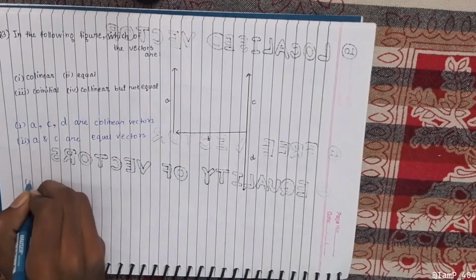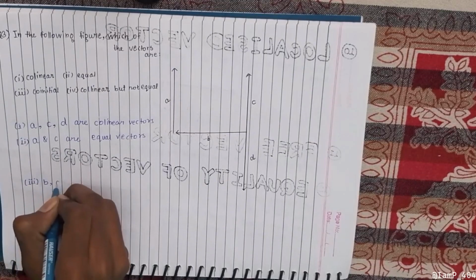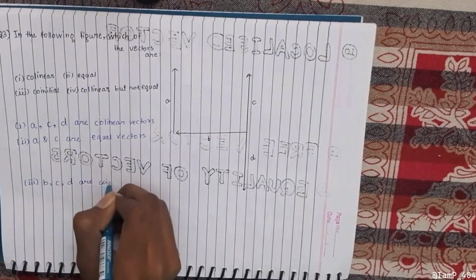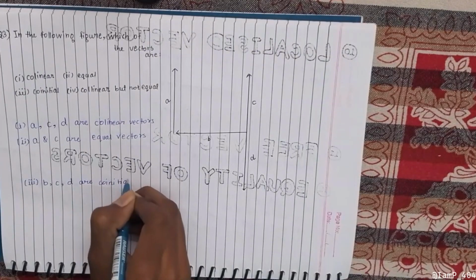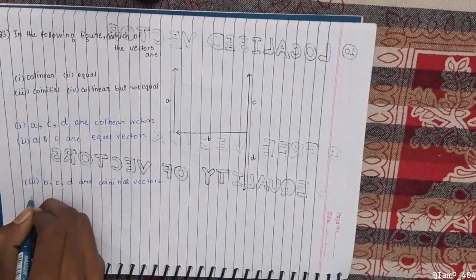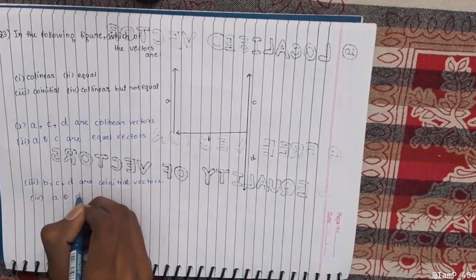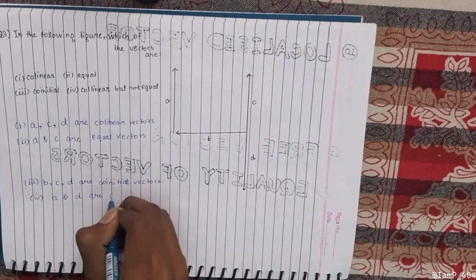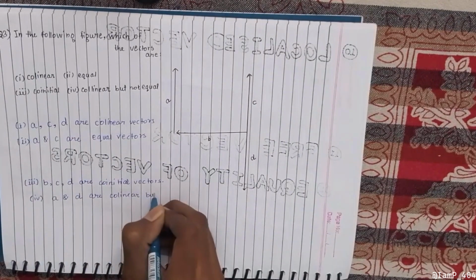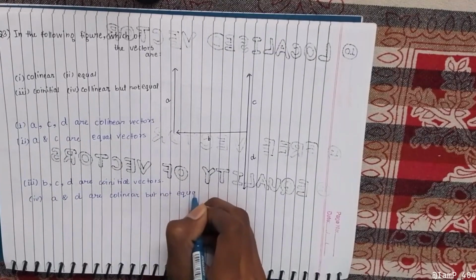Then the third part is coinitial vectors. So B, C and D are all coinitial vectors. And then comes our fourth part, collinear but not equal: A and D are collinear but not equal, because they don't have the same sense of direction.